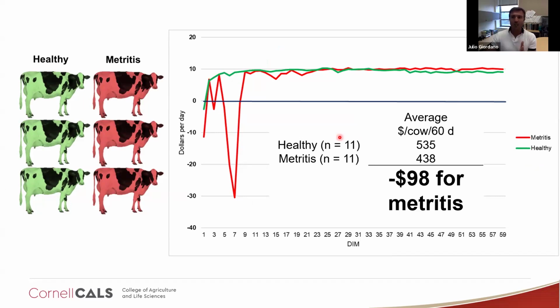This is pretty cool. You can actually see the total profit here. Green are the healthy cows, and red are the cows with metritis. As you know, the vast majority of cows have metritis within the first 10 days in milk, and you can see the massive drop in profitability. This is the average for the 11 healthy cows and 11 cows with metritis that I'm putting in this group, right?